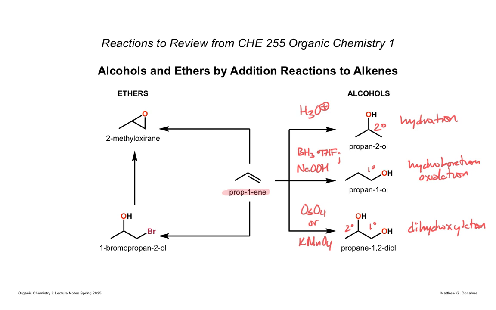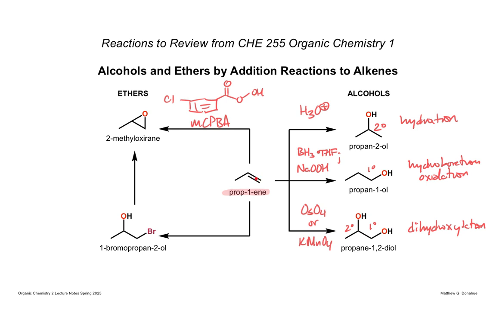We also learned how to take alkenes to make epoxides with MCPBA. And that was that peroxide. So in terms of the mechanism, this oxygen right here is electrophilic, so it's going to accept electrons.